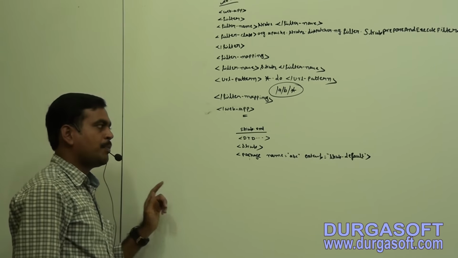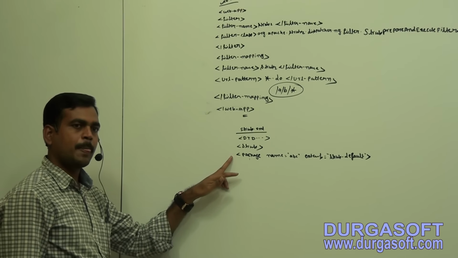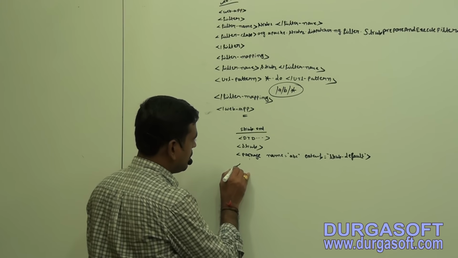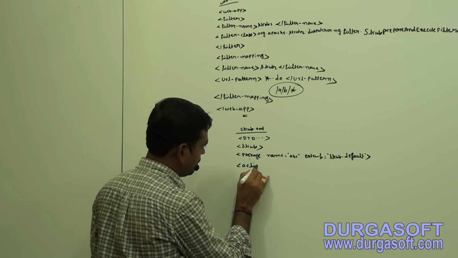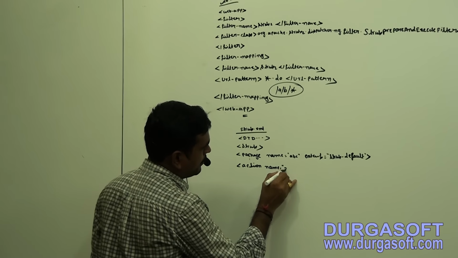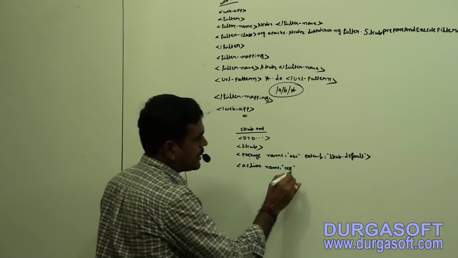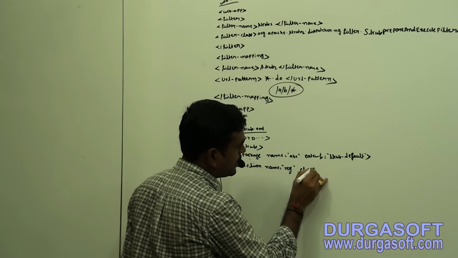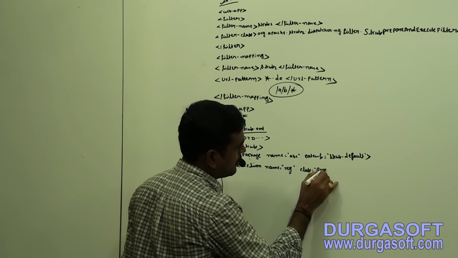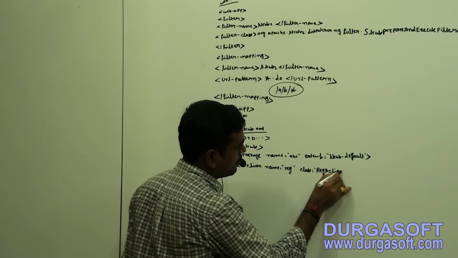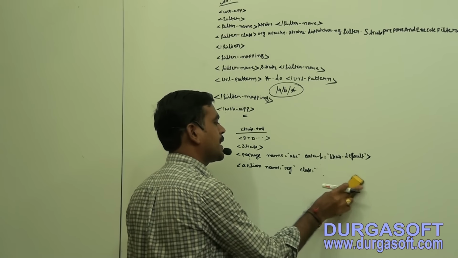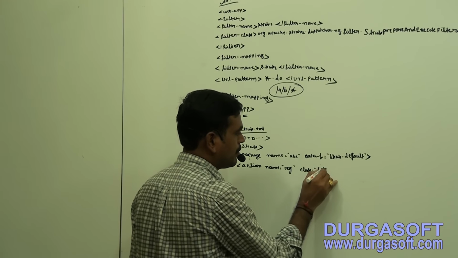If it is 1.x we take action-mappings here; if it is 2.x we take package. Under that, action name is equal to the URL pattern, for example reg, then class is equal to the action class name, your choice, for example UserAction.